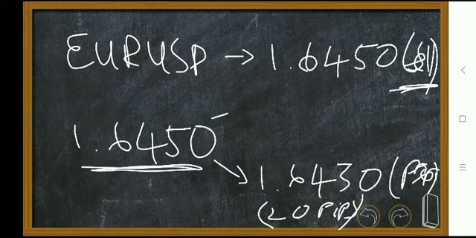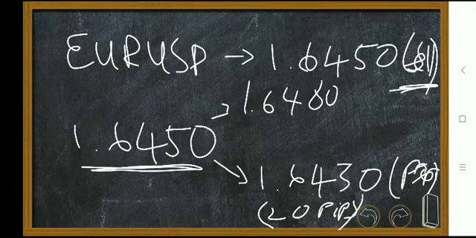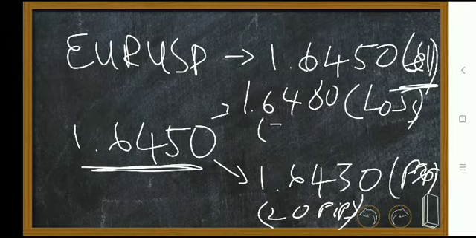Then if it rises, say 1.6480, you make a loss. This is a loss by 30 pips. I hope you can see the difference.